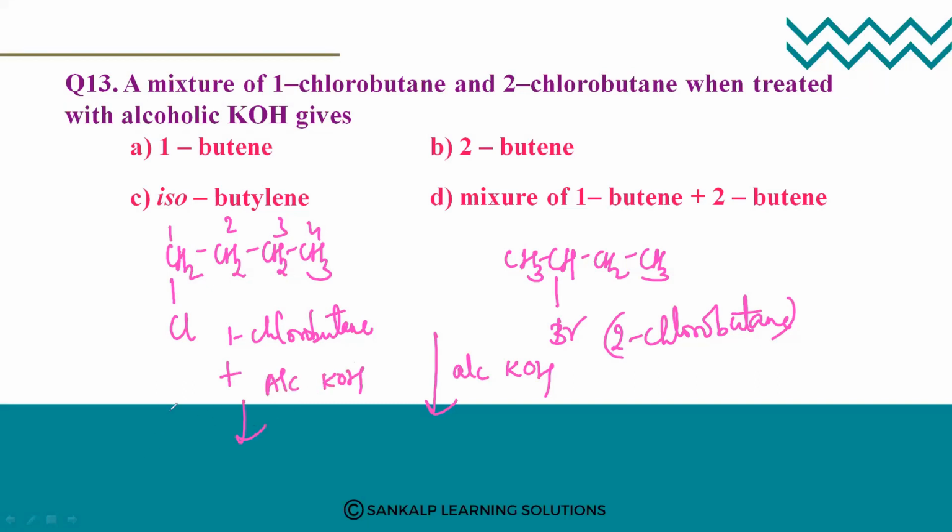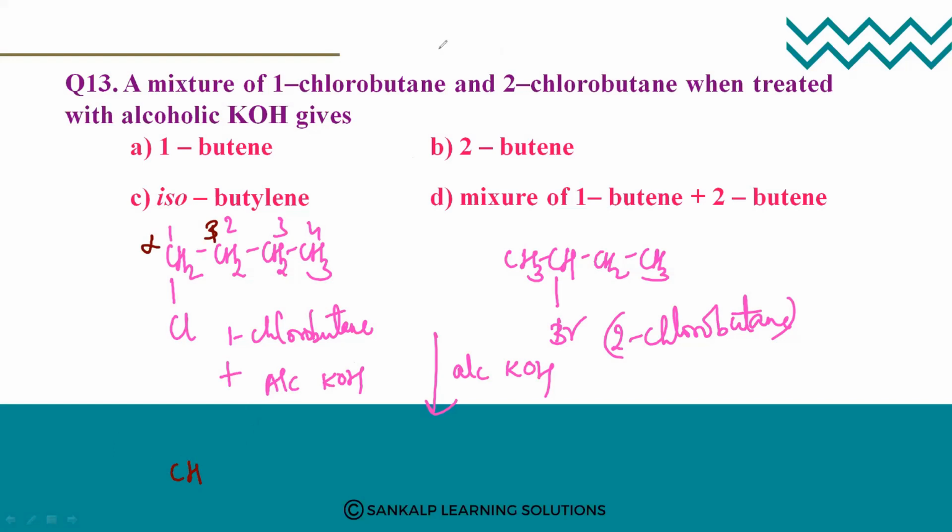So this is alpha, this is beta. So how will the product be obtained? Alpha-beta means from here the carbon will... sorry, not CH3, just a second.